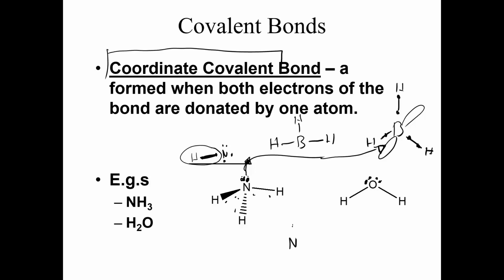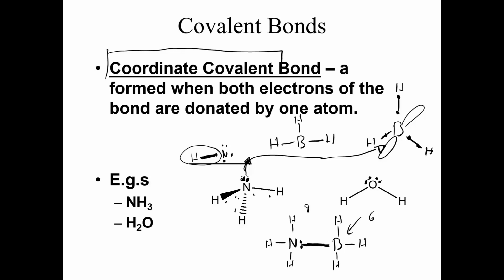So you have this nitrogen that at this point is perfectly content because it has 8 electrons due to one lone pair and 3 bonds, and you've got this boron, which is also kind of okay, but it has that empty p orbital, right? This one just has 6 electrons. This one has 8 electrons, so it can take this lone pair and put it in there, so you can form a bond here.